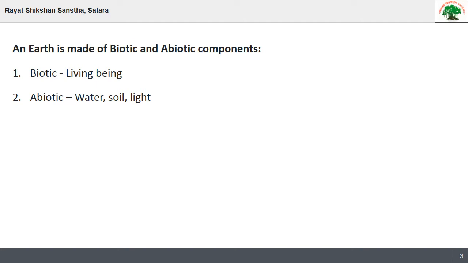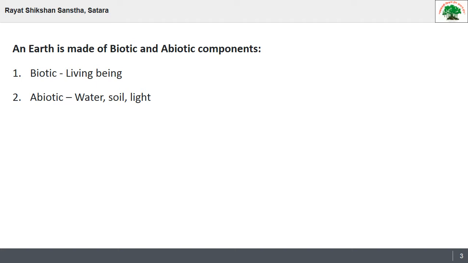Biotic components means all living things: plants, animals, human beings, microbes. Abiotic components are water, soil, light. The question is, why do we call them living and how do they differ from non-living?